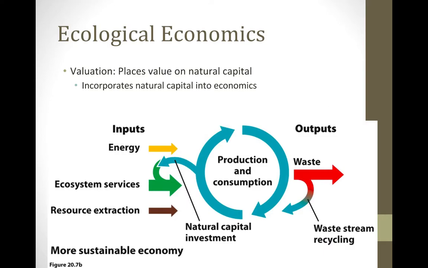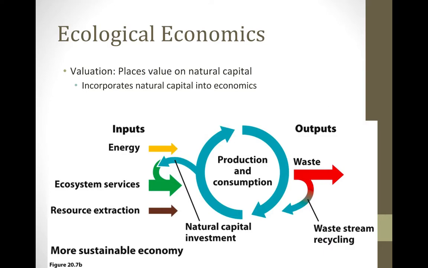So in ecological economics, what we try to do is place value on natural capital. Natural capital are things like natural resources, like intact forests, clean water, clean air, mineral resources, things that may not always be valued in traditional economics, but functioning ecosystems are valued in ecological economics.